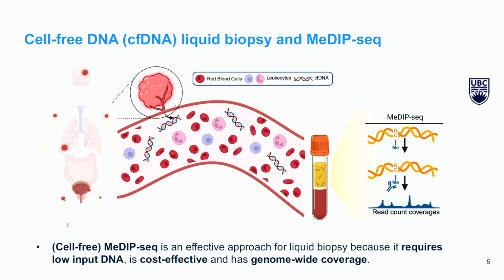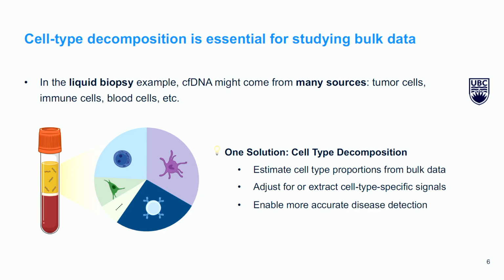It requires low input DNA to be effective, and it's also very cheap, and it also provides genome-wide coverage. So cell type decomposition is very essential for this kind of data because in the liquid biopsy example, these cfDNA fragments, they might come from a lot of sources, such as tumor cells, the immune cells, or blood cells.